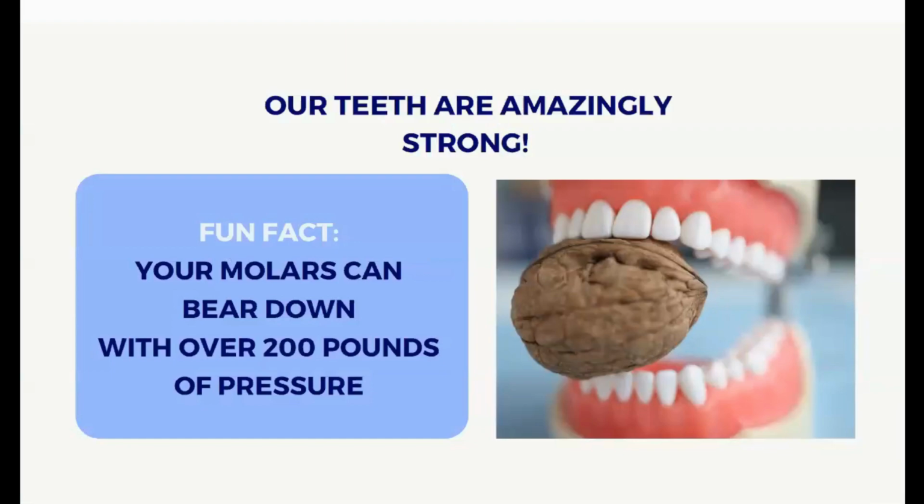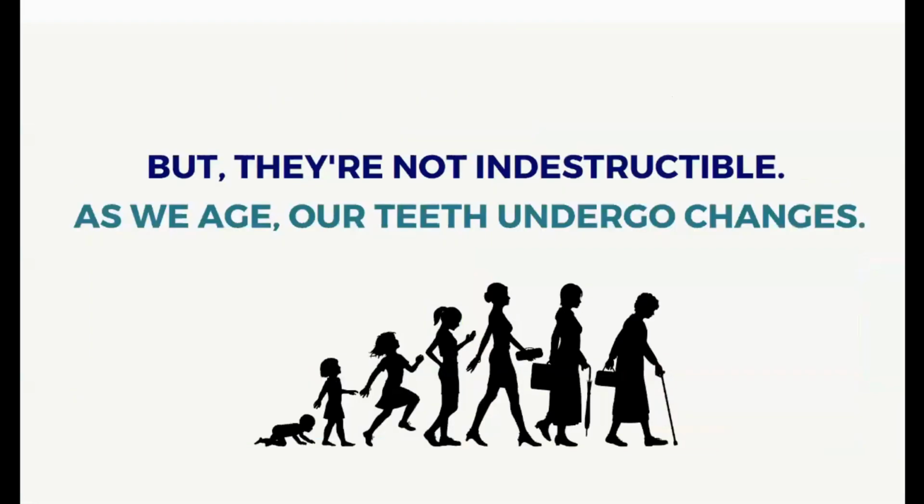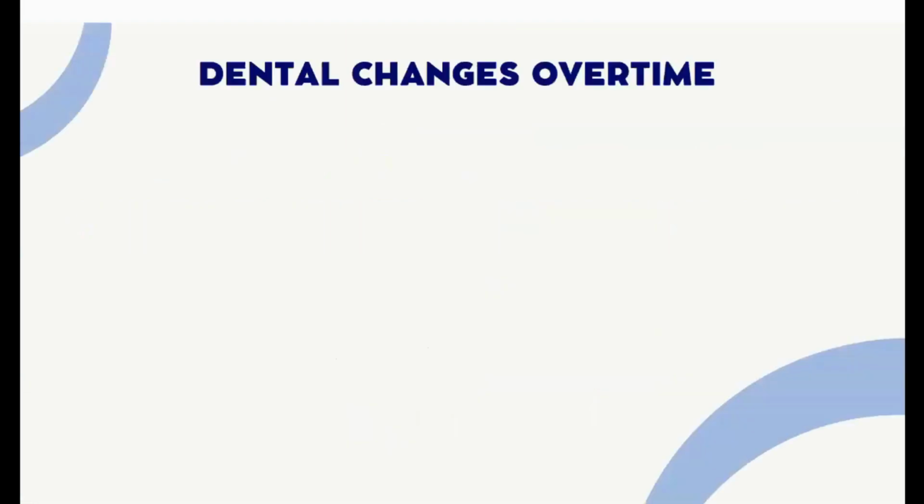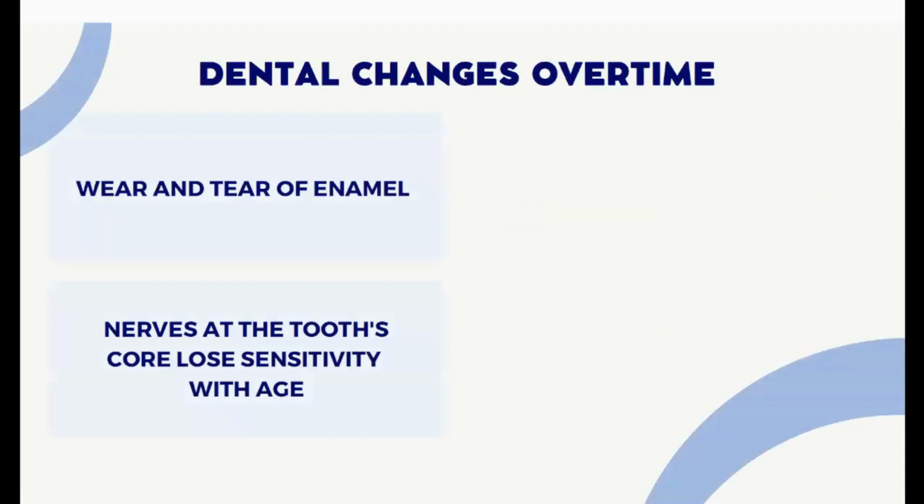So overall, yes, our teeth are amazingly strong. In fact, your molars can bear down with over 200 pounds of pressure. That being said, they're not indestructible, and as we age, our teeth start to undergo changes. So some of the changes that all of us will experience over time is wear and tear of our enamel, which makes us more susceptible to decay. Nerves at the tooth's core lose sensitivity with age.